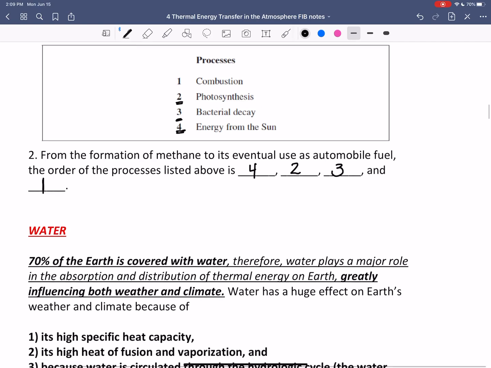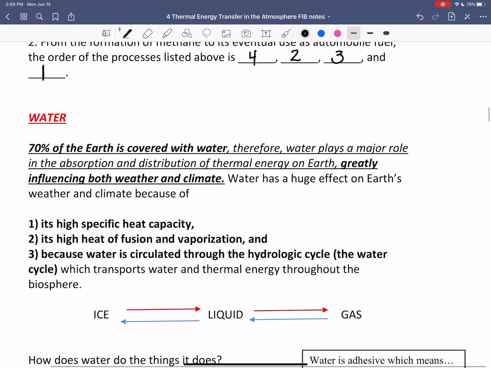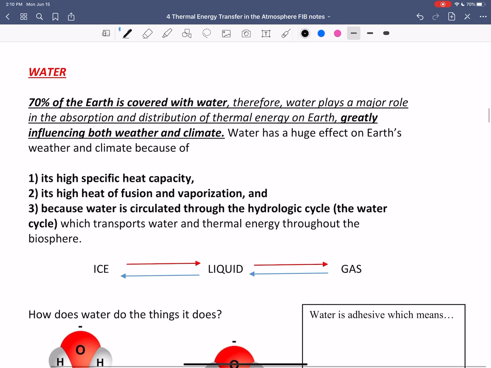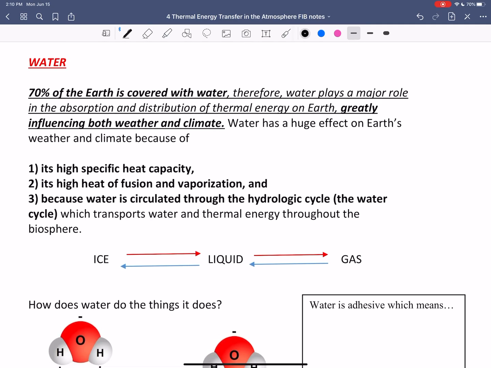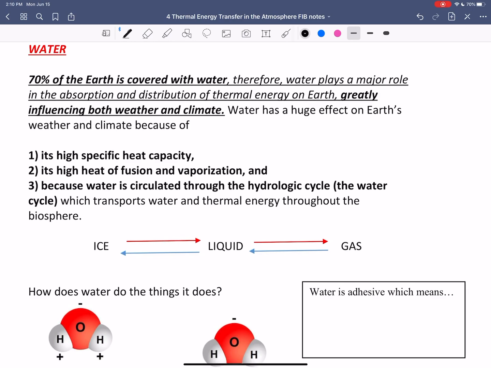Okay. So how does water play a role in all this? 70% of the earth is covered by water, and therefore it plays a major role in the distribution of thermal energy. Some of the properties of water that make it so special are that it has a high specific heat capacity, and also a high heat of fusion and heat of vaporization.